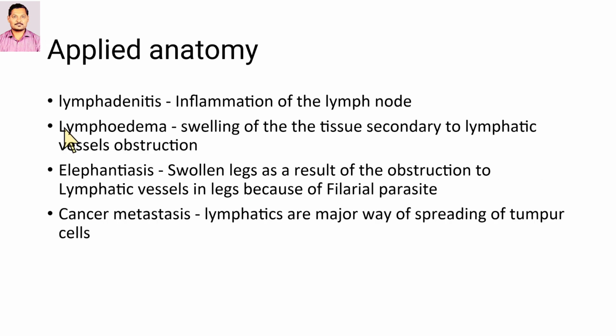So in the applied anatomy of the lymph node, we have to know lymph nodes undergo inflammation, and such a condition is known as lymphadenitis, where you have abnormally enlarged or swollen lymph nodes, especially in the axilla, in the inguinal group, in the neck. They are very common in lymphadenitis.